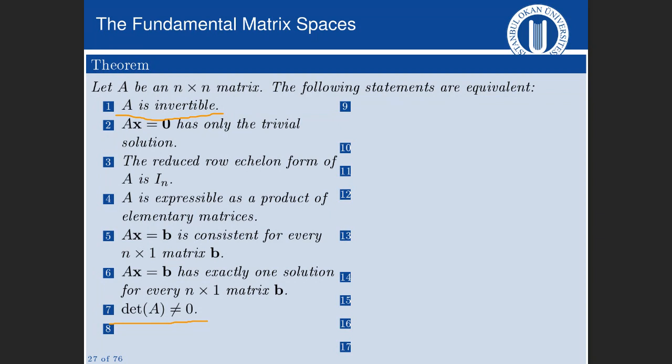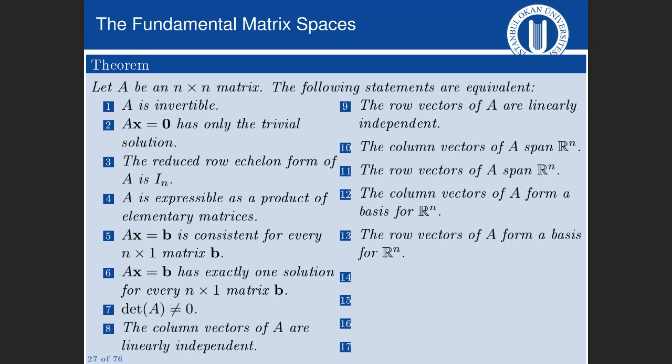Let's reveal some more statements. This is true, so A is invertible, the determinant of A is not 0, etc., etc. These are all true if and only if the column vectors of A are linearly independent, the row vectors of A are linearly independent, the column vectors of A span Rn, the row vectors of A span Rn, the column vectors of A form a basis for Rn, the row vectors of A form a basis for Rn.